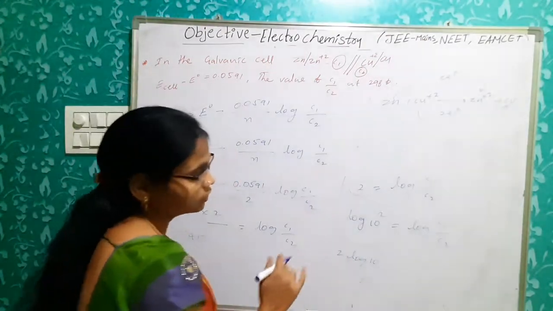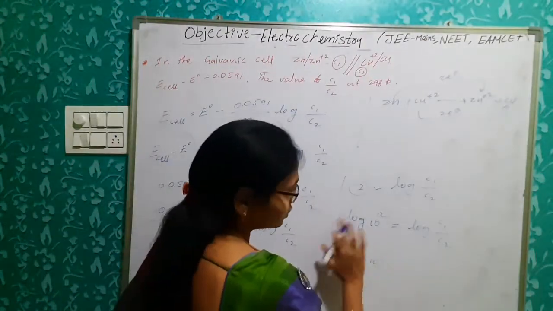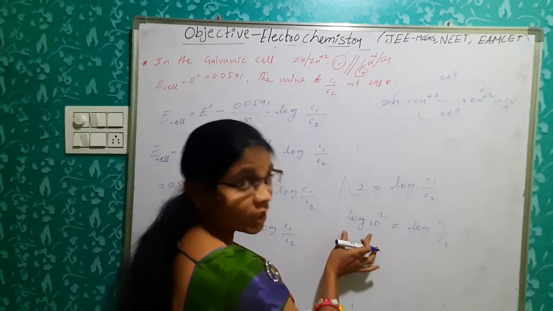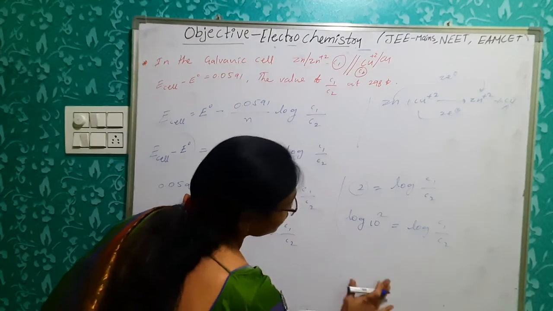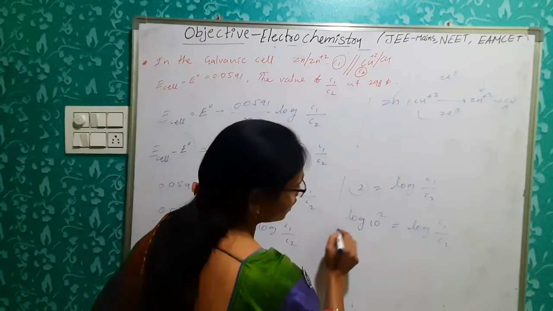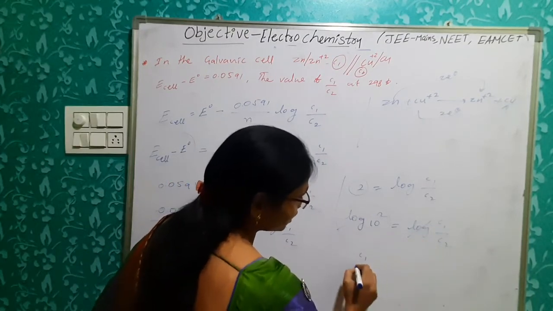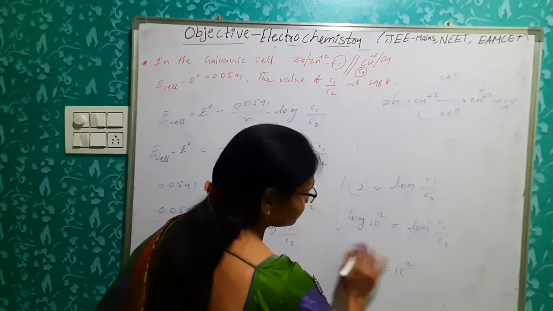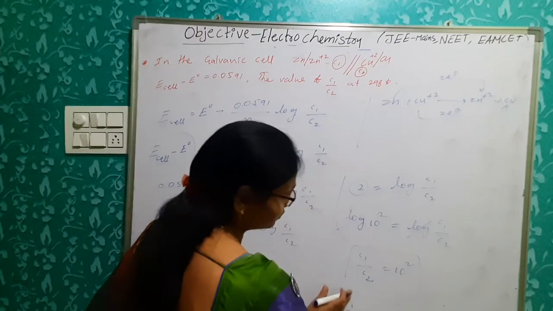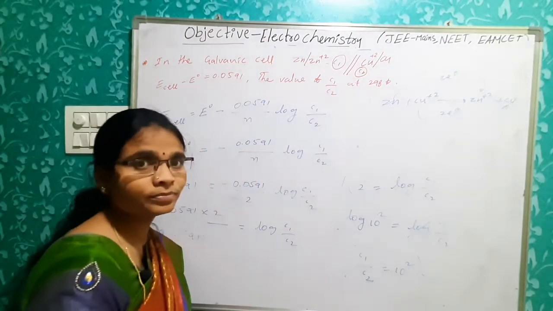So instead of 2, I am writing log 10². Now the logs mutually cancel, so what is the ratio? C1 by C2 is equal to 10². So this is the answer.